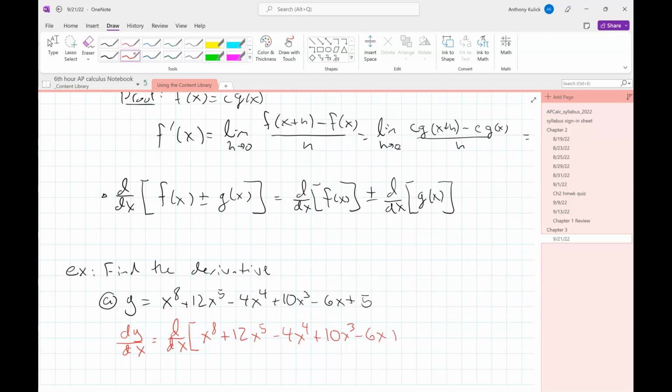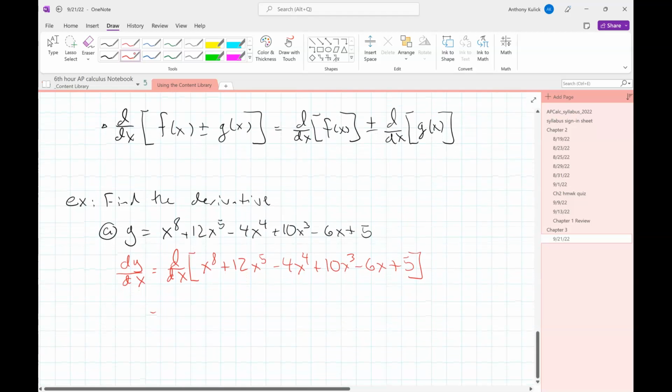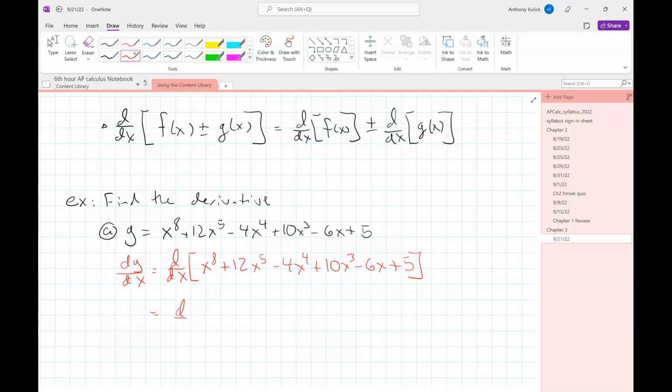If I take the derivative of both sides, the previous two properties allow me to distribute that derivative to each term in my polynomial, and the theorem prior to that allows me to pull the coefficients outside of the derivatives.